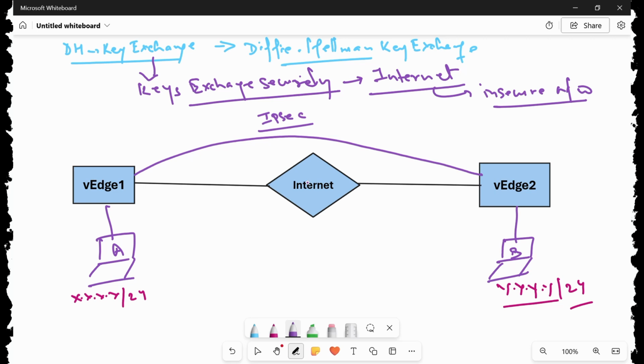So how does this Diffie-Hellman group work in IPsec for SD-WAN?